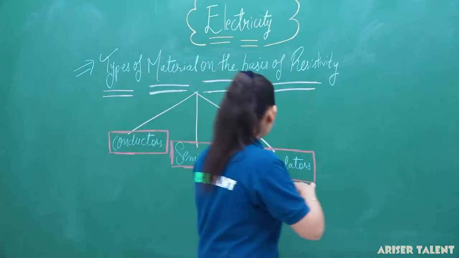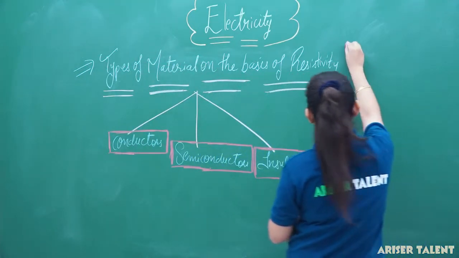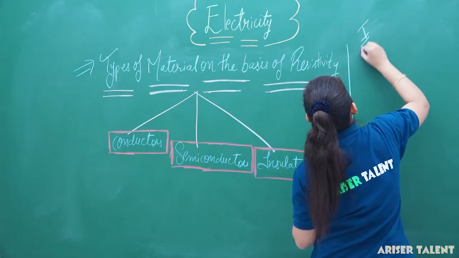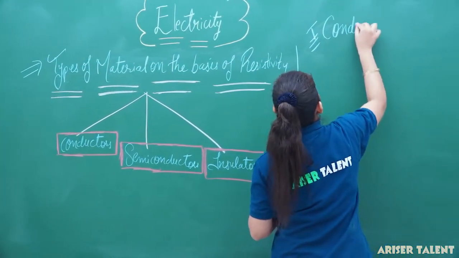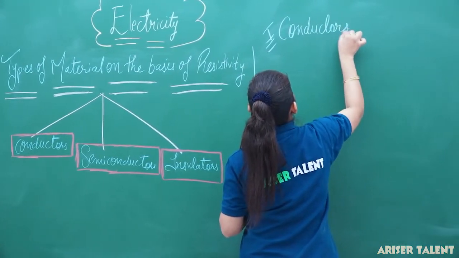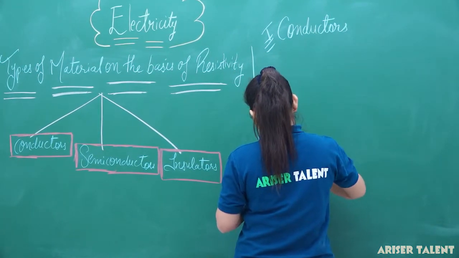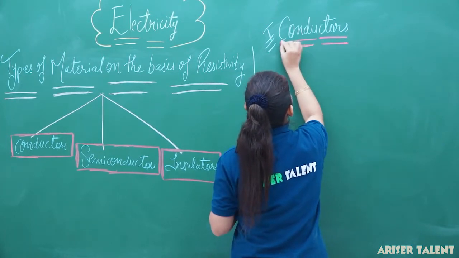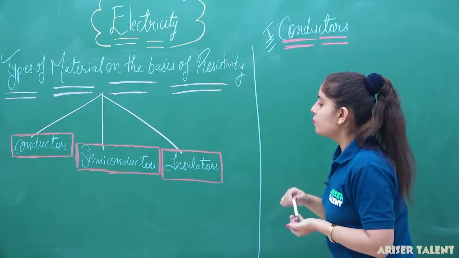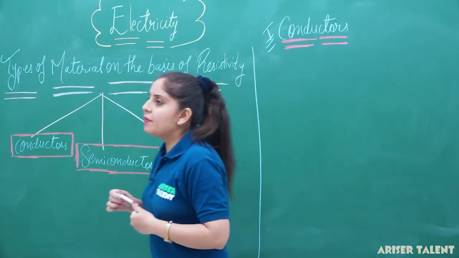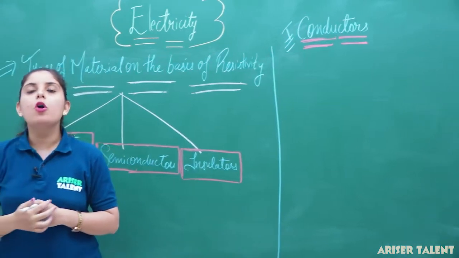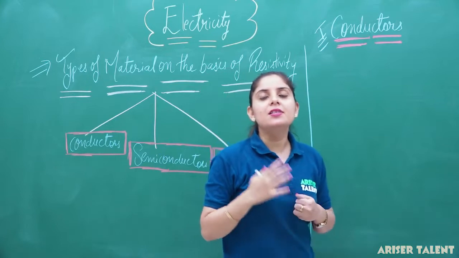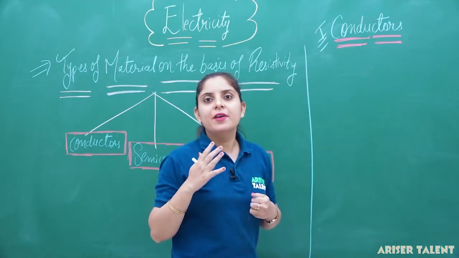Now, let's discuss the conductors here. Our first category is about conductors. Conductors means they have the availability of free electrons, and a pure metal will behave as a conductor. It means in the case of conductors, the value of resistivity is very low.